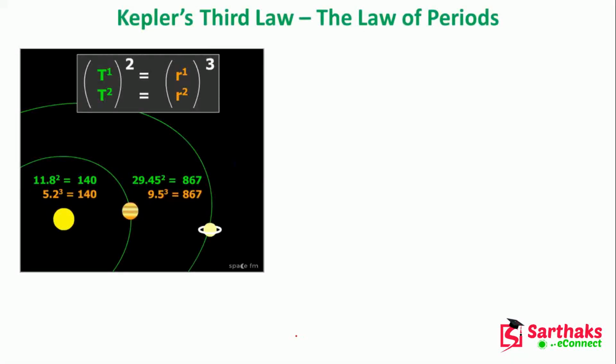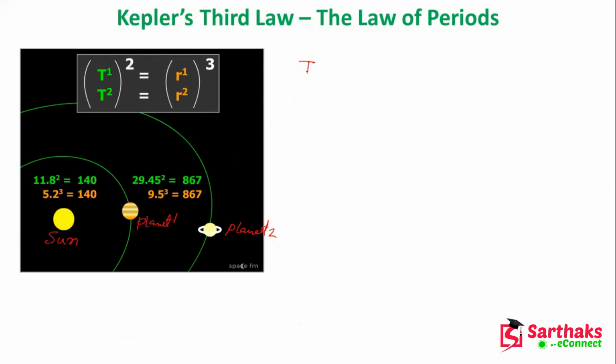Now, if you have multiple planets revolving around the sun, here is the sun, let this be planet 1, and let this be planet 2, and it looks like Saturn, right?